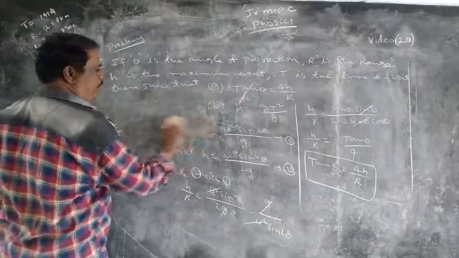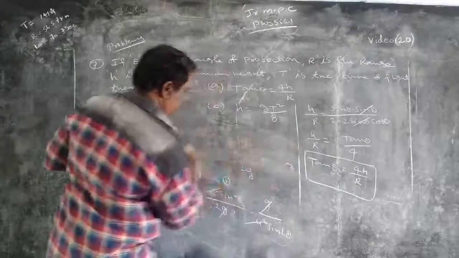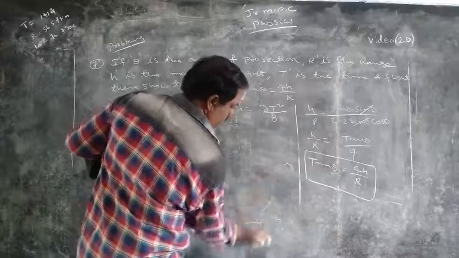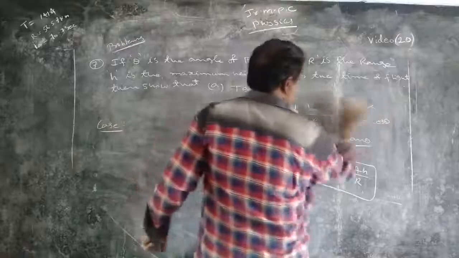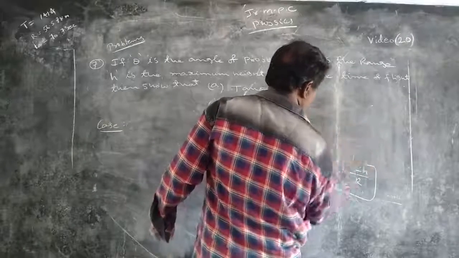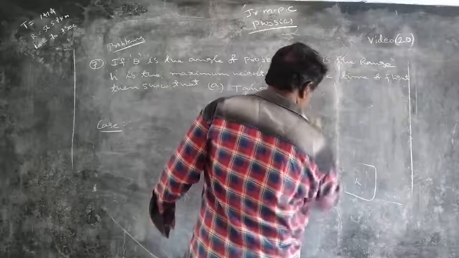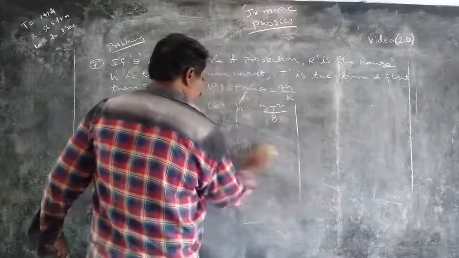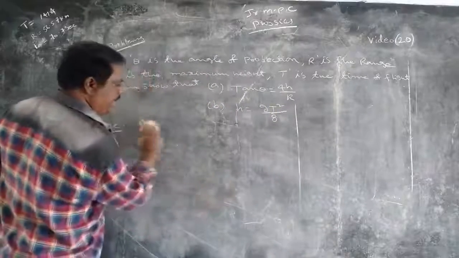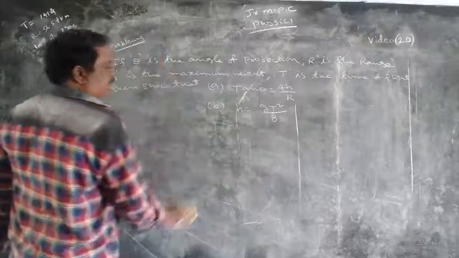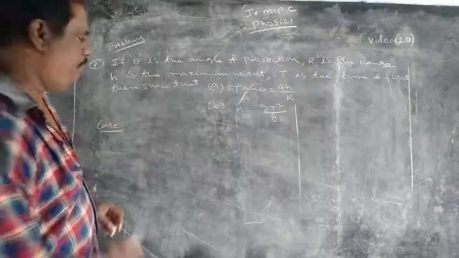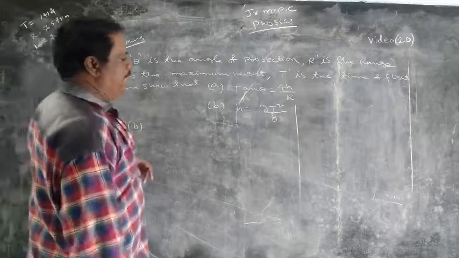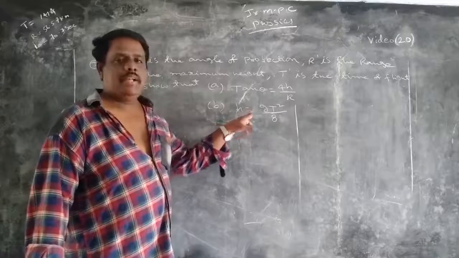Case B. What do we have to prove in case B? Let us see. g t square by 8. Then case B: write the formula for height as well as time.